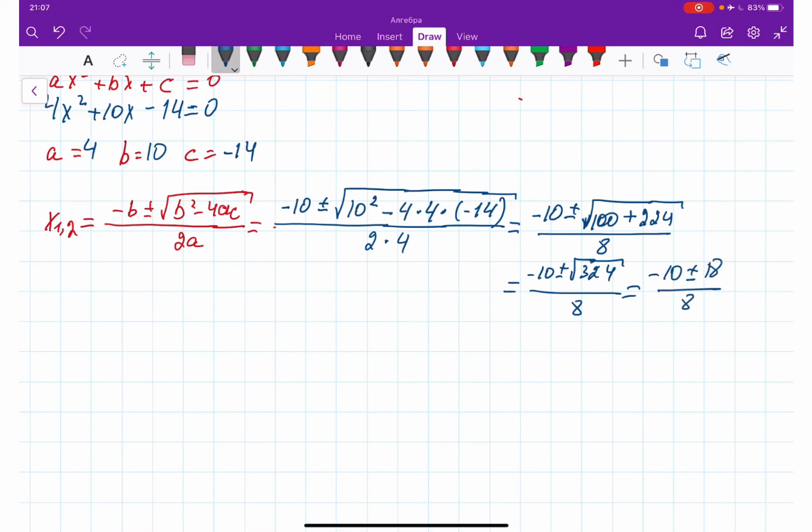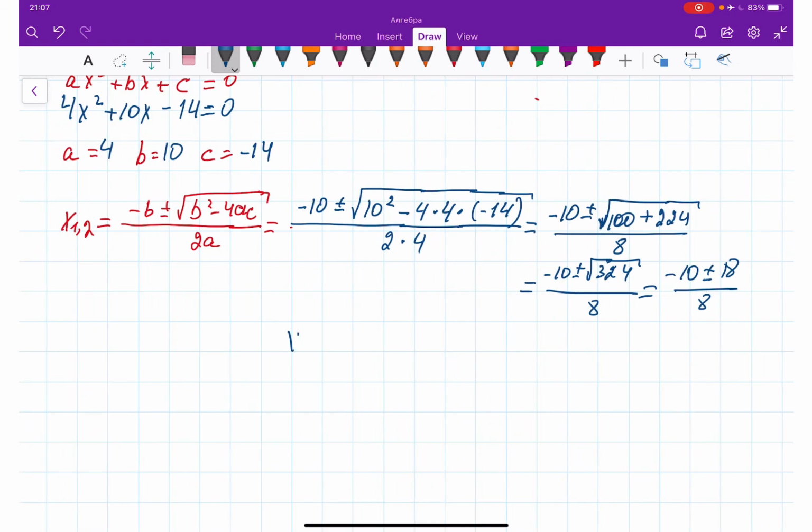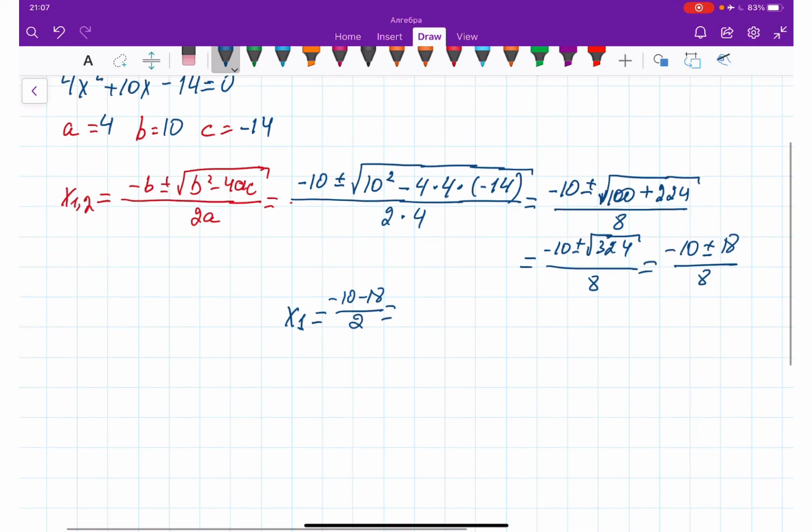over 8. Okay, from here, x1 is equal negative 10 minus 18 over 2. It's going to be equal, what, negative 28. Actually, why 2? It's 8, huh?